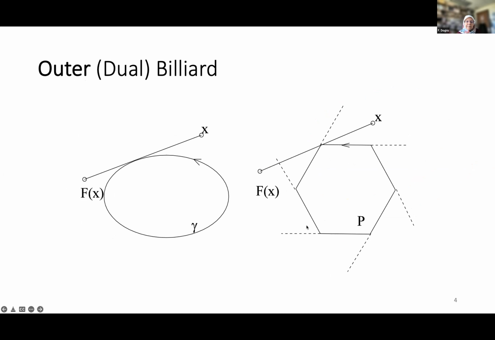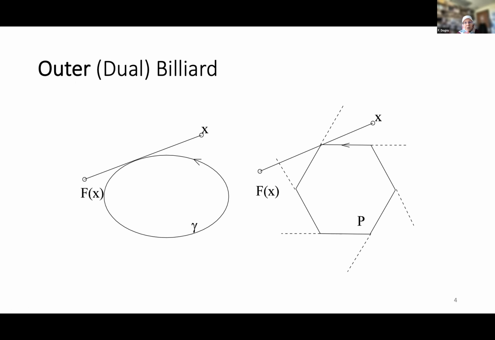Outer billiards was also well known as dual billiards in the old days. I will tell you why we called it dual in the old times, but right this moment, everybody is using outer billiards and I follow that trend. This is the outer counterpart of the usual billiard map.